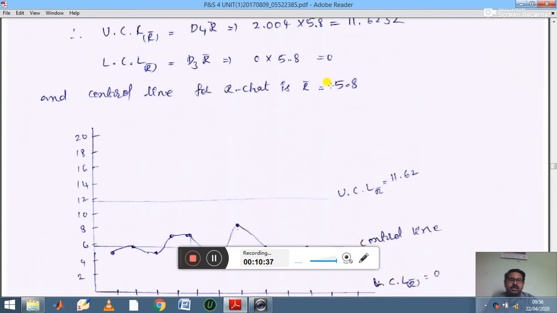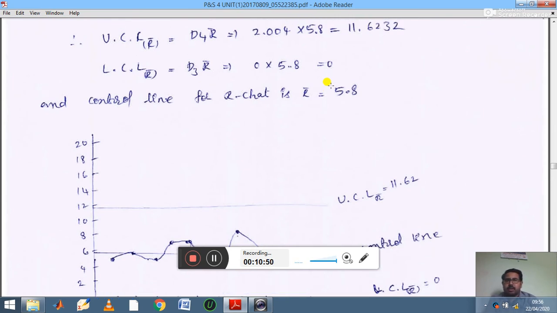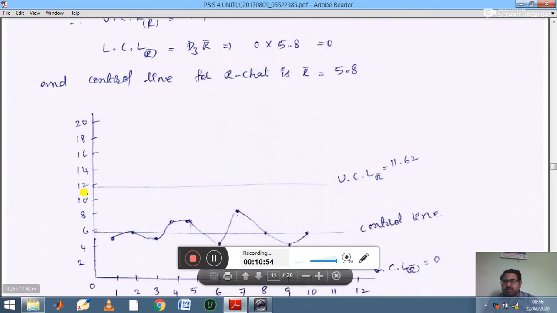CL is always a solid line, and the lower control limit and upper control limit we show with dotted lines. Your UCL value is 11.6, so approximately here you make a dotted line. This line shows your UCL, 11.62.